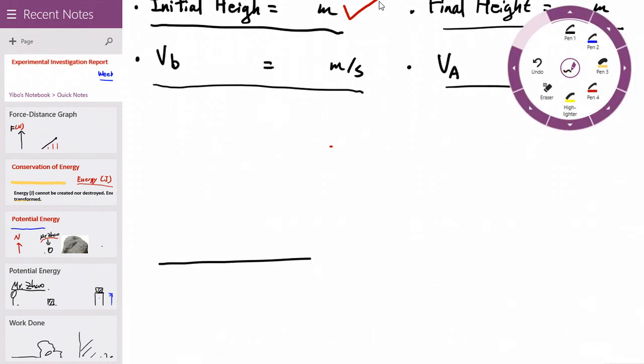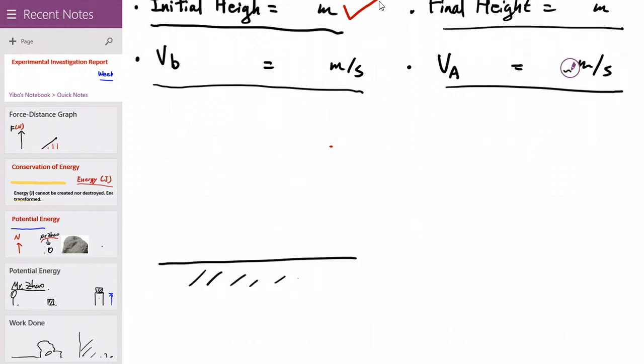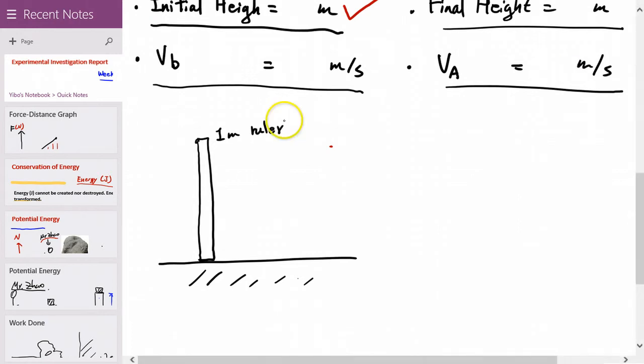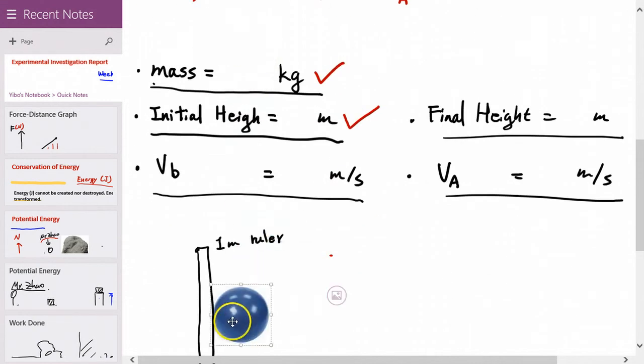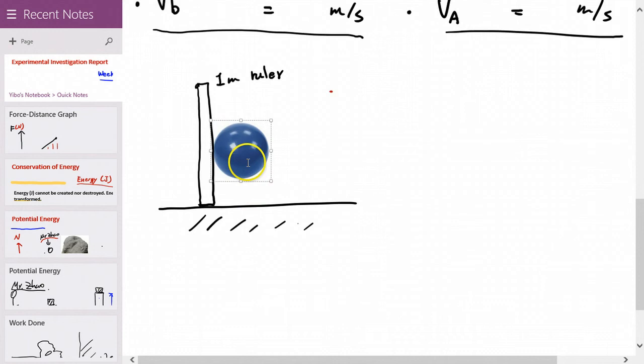What would be good is if you have a meter ruler lined up on the ground, a 1 meter ruler. Then you can use your phone, or a simple digital camera, to record a video.